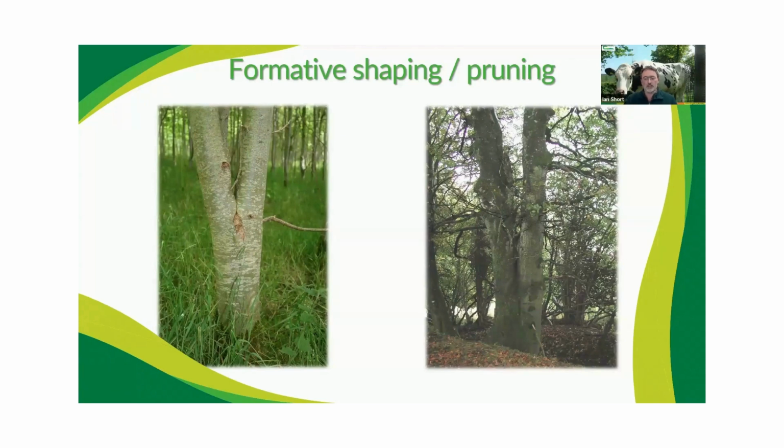It stays at half a meter. The image on the right-hand side illustrates a tree that, if 80 or 100 years ago it had been formatively shaped or pruned, you'd have had a nice straight stem there. And instead we've got a fork that's got much reduced volume and much reduced monetary value compared to if it had been looked after in its first few years.